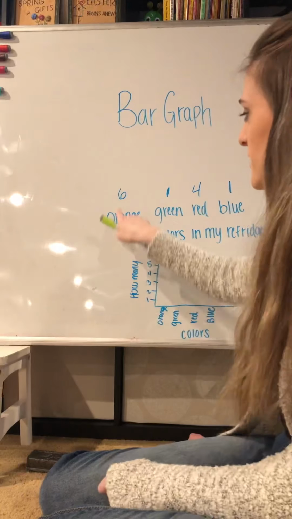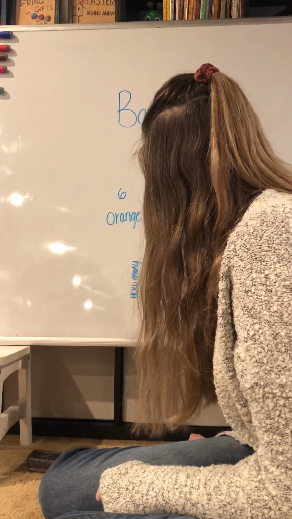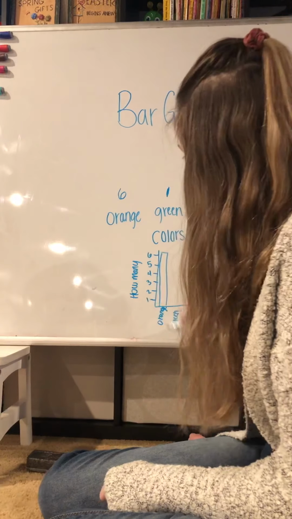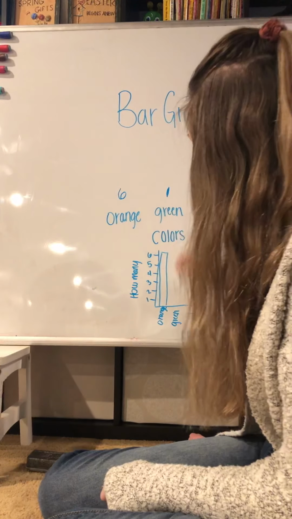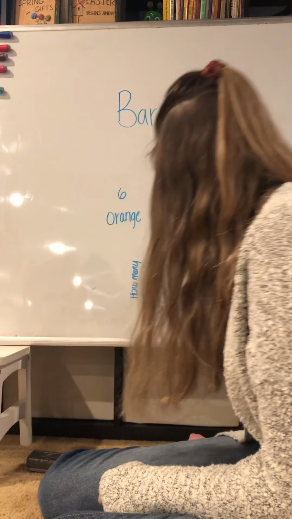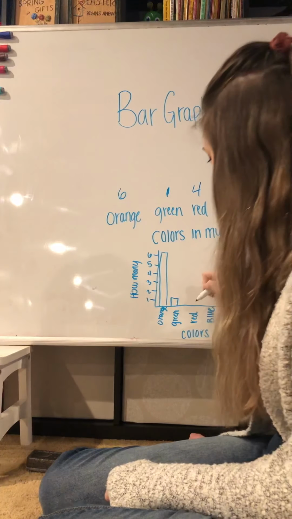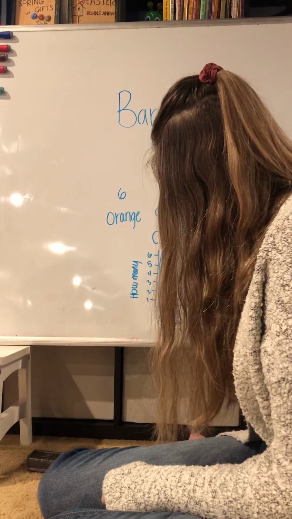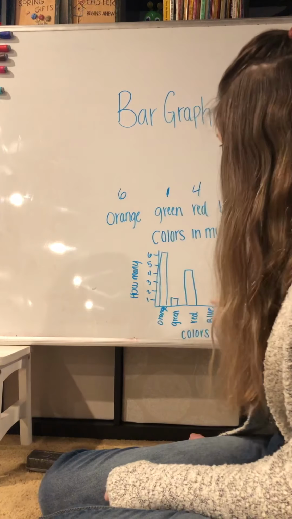So for orange, I have 6. So I'm going to draw my bar up to the 6. My green, I have 1. So I'm going to draw 1. Red, I have 4. So I'm going to draw up to my 4. My blue, I have 1. And then you can color it in. Color, color, color.